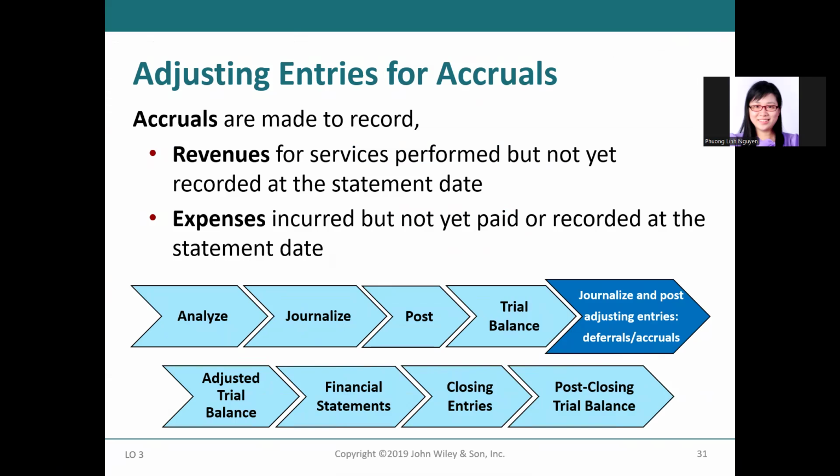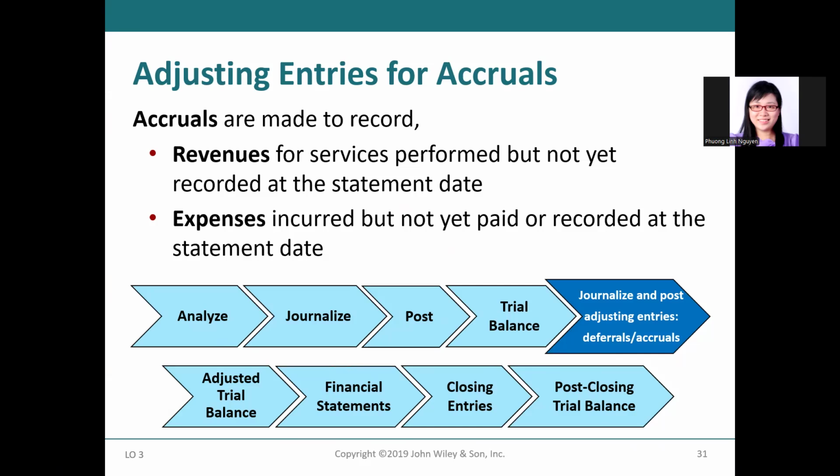Accrual revenue means that we already performed the service, but for some reason the accountant has not recorded this transaction, or we haven't been paid yet. This is an adjusting entry that we need to record. We need to record the service revenues that should be recognized on the day that we prepare the financial statements.